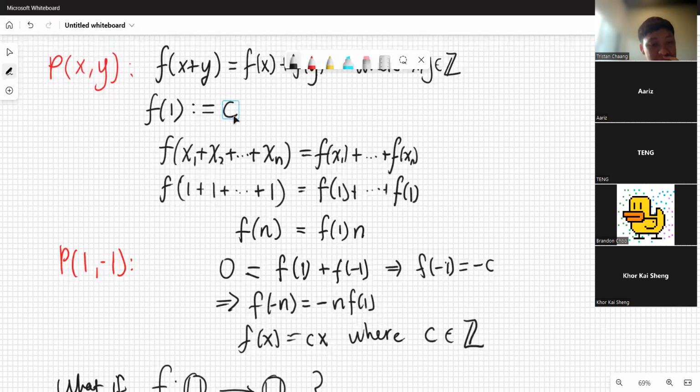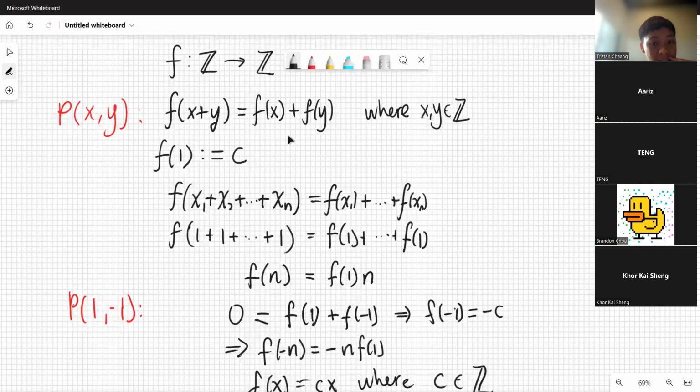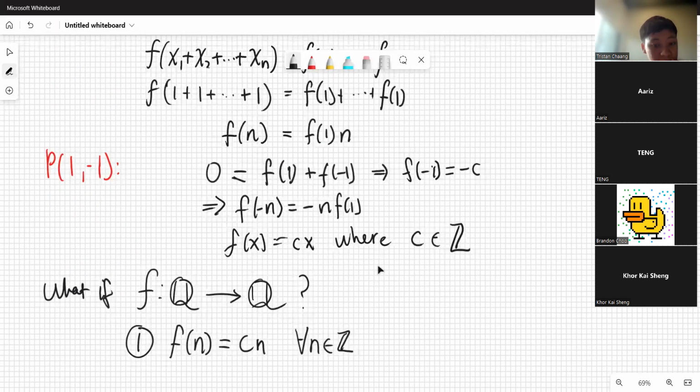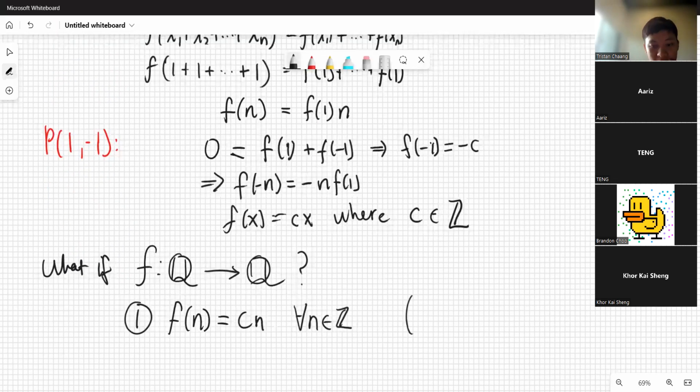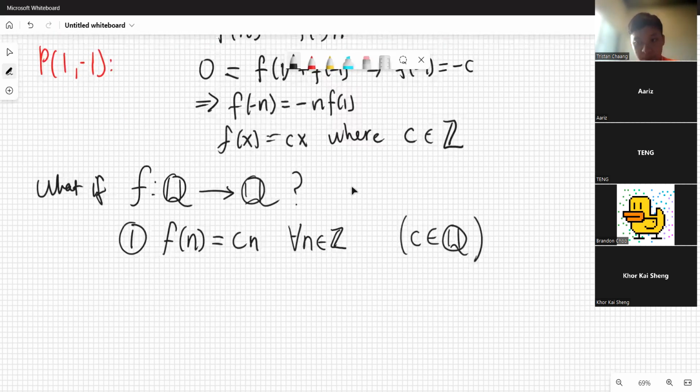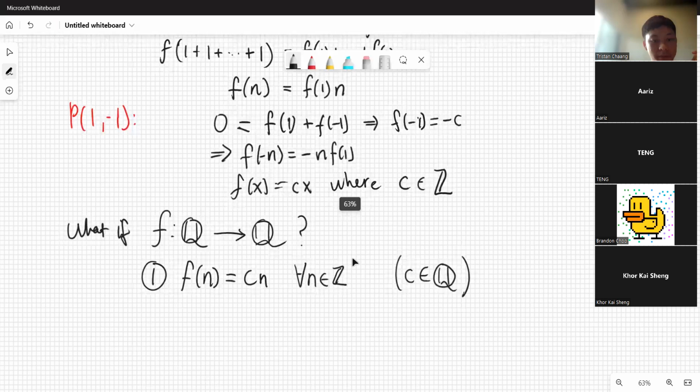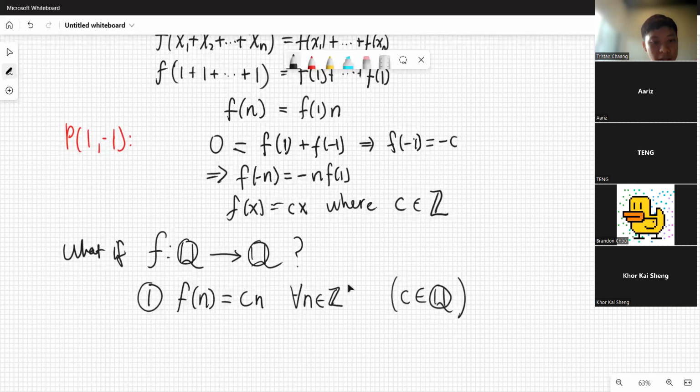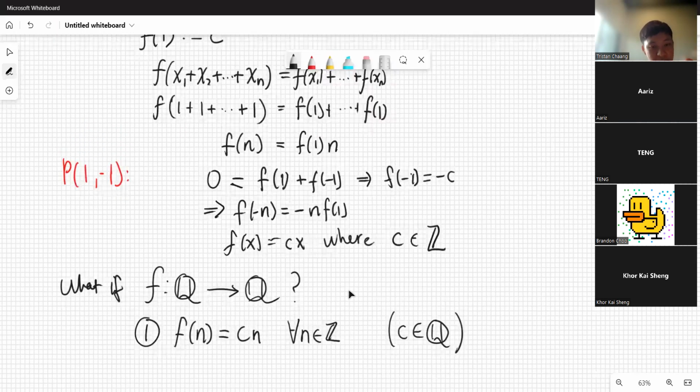In the previous version, c is required to be an integer, right? And now it's allowed to be any rational number. So c is some rational number. Okay. And it makes sense, right? It's consistent with the previous one.